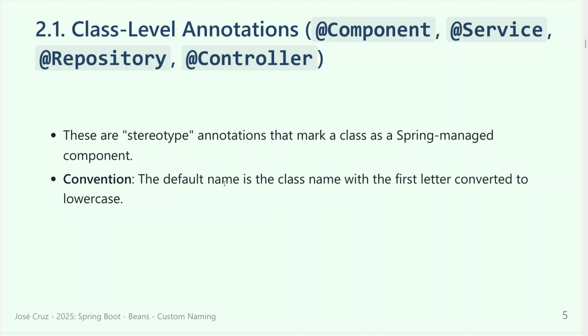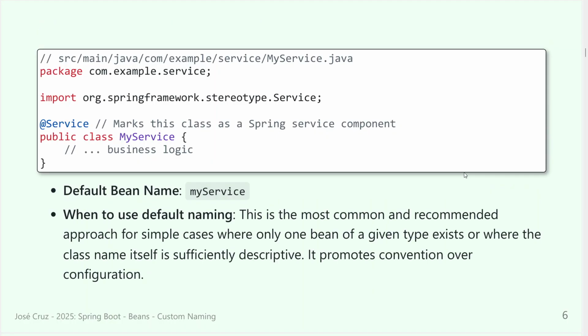By convention, the default name is the class name with the first letter converted to lowercase. If you don't give a name to the bean, it will take the name of the class, make the first letter lowercase, and that will be the name of the bean. Let's say an example, we have this class here, MyService, the default name will be myService, with the M lowercase.